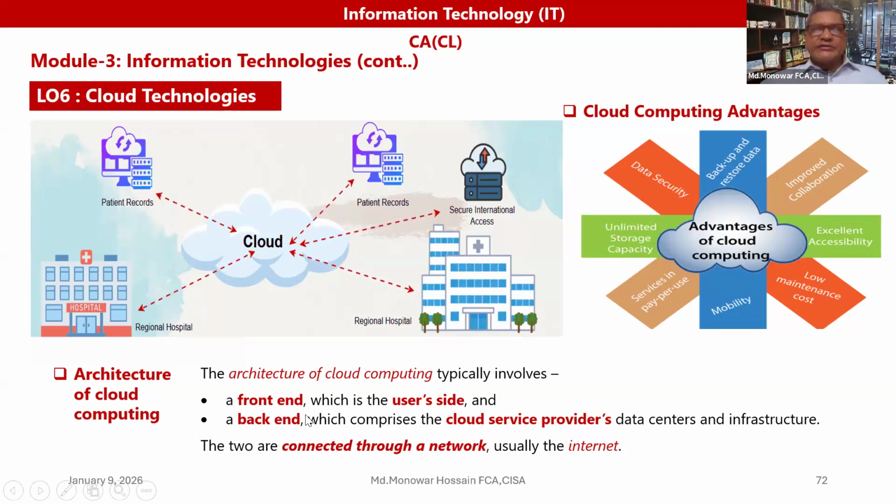It can be an MCQ: in cloud computing, the user side is the front end, and in the cloud computing architecture, the back end side is the cloud service provider.